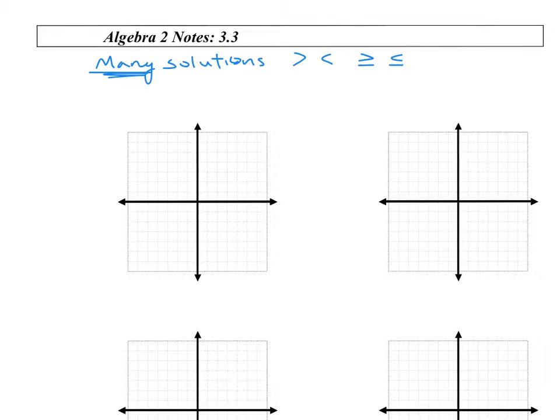Okay, so step 1 in this process is you are going to graph the boundary line. And I will show you what that means in just a minute. Here's one thing you need to know about that. When it is either of these symbols, that means it's less than or greater than. Does that include the thing we're talking about?